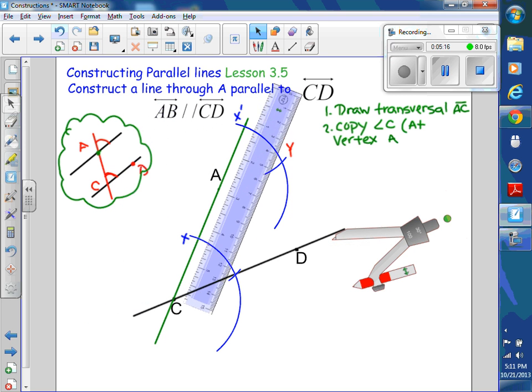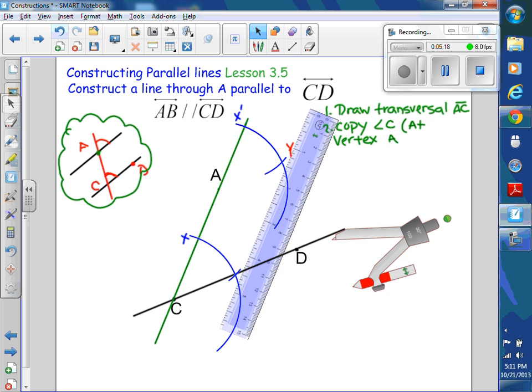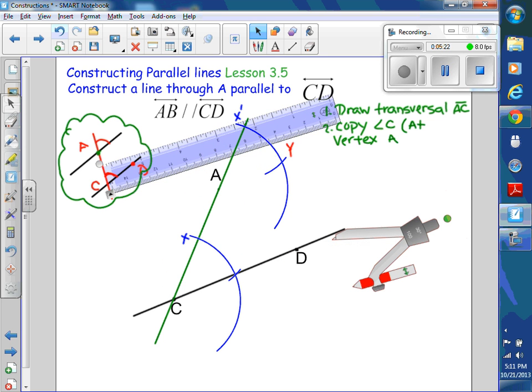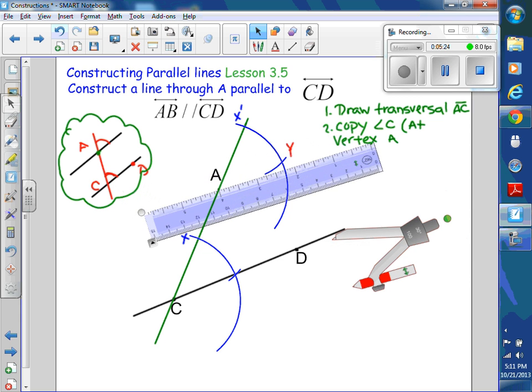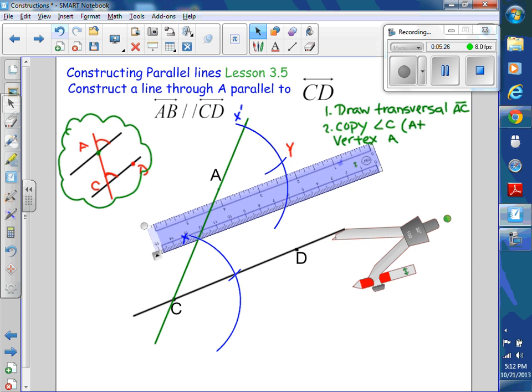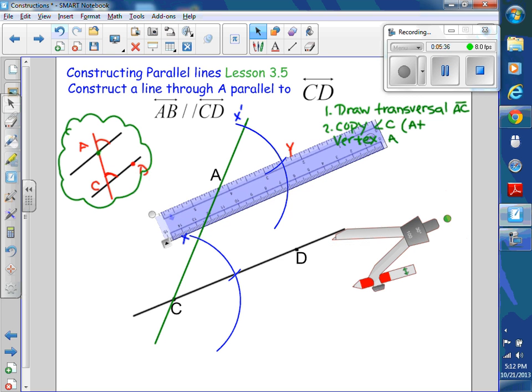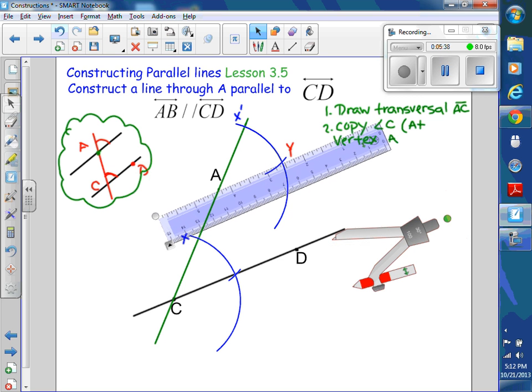So I'm going to take my straight edge and line up point A with my new intersection point. It's a little patience here. I think I got it.